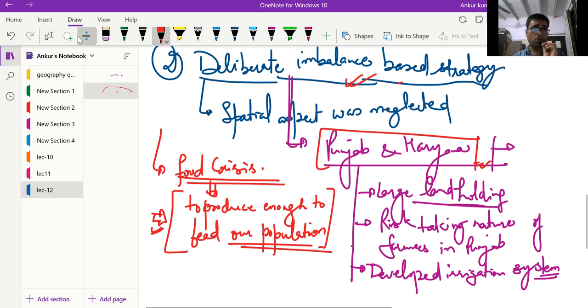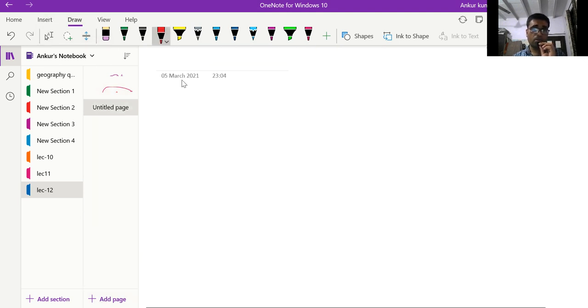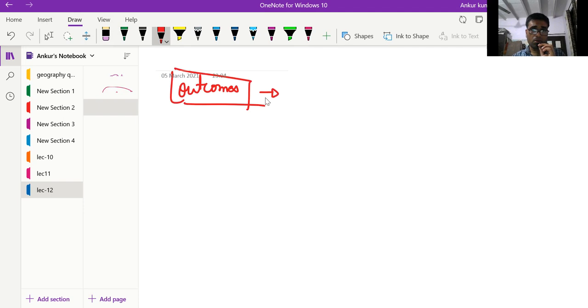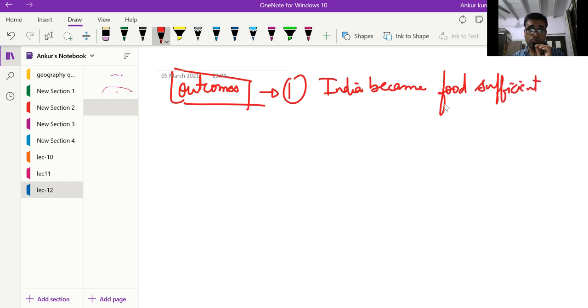Now what were the outcomes of adoption of these strategies? Let us discuss the outcomes. Number one, by and large India became food sufficient within a few years. Not only food sufficient, but we became a food surplus country.